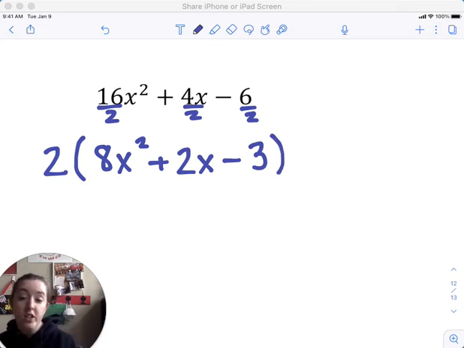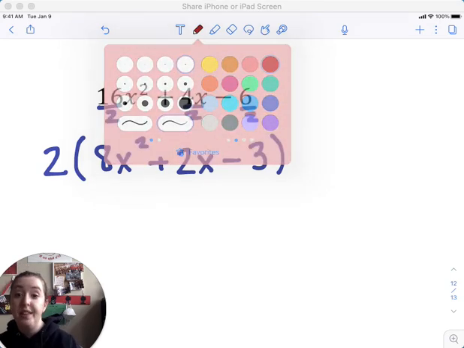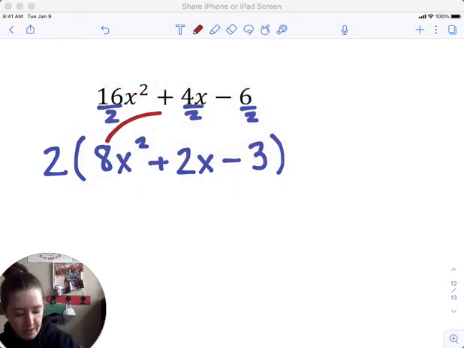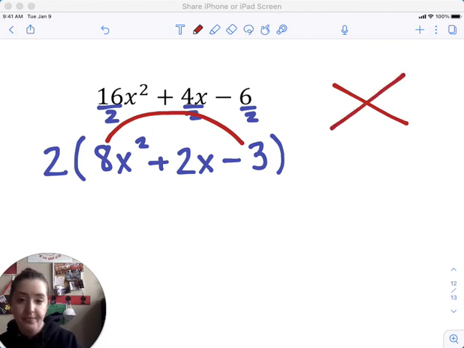So we have a quadratic trinomial in there. It's squared, and there's 3 terms. It's a quadratic trinomial. So we're going to have to split the middle term. We're going to multiply our ends. 8 times negative 3 is negative 24. And 2 is that guy in the middle.